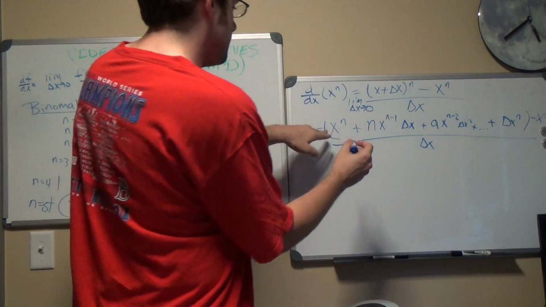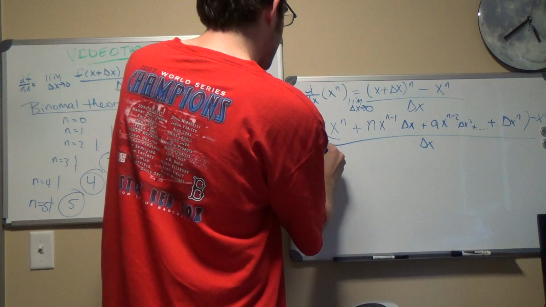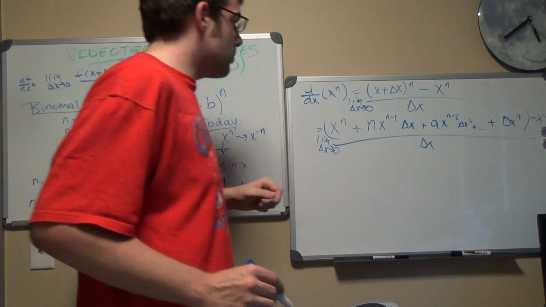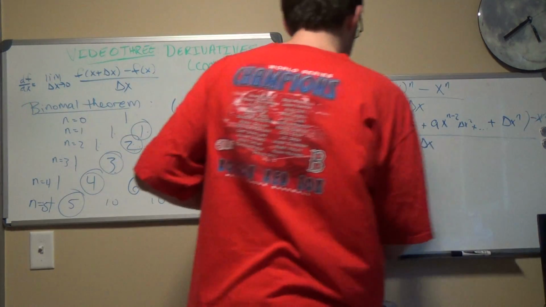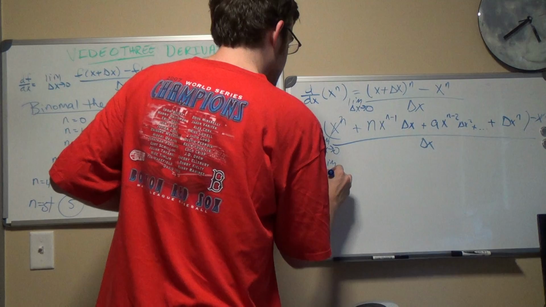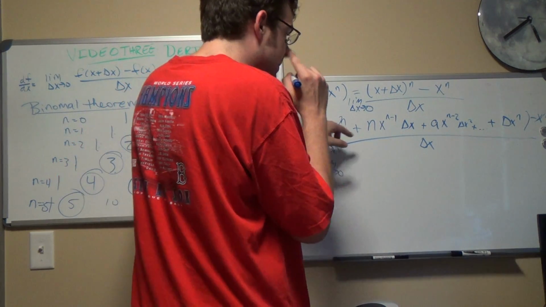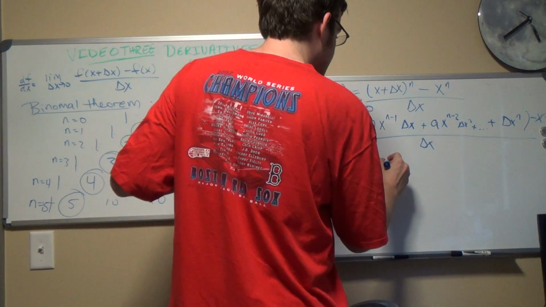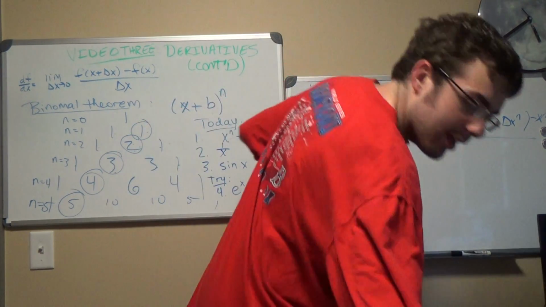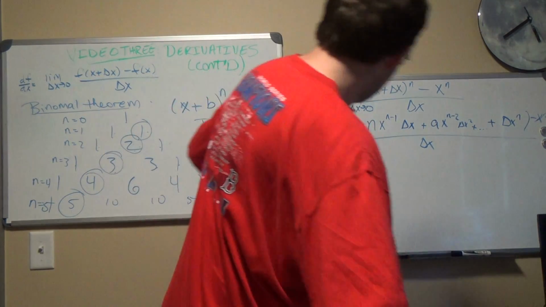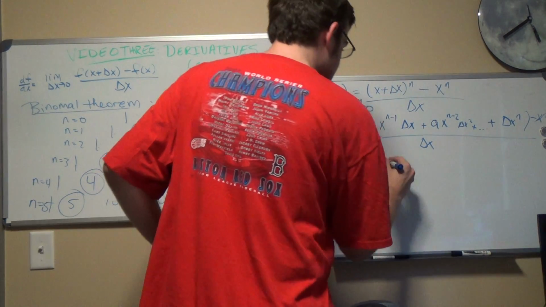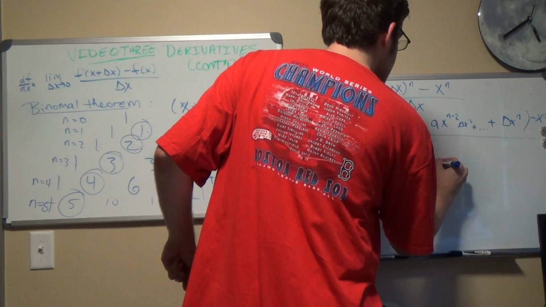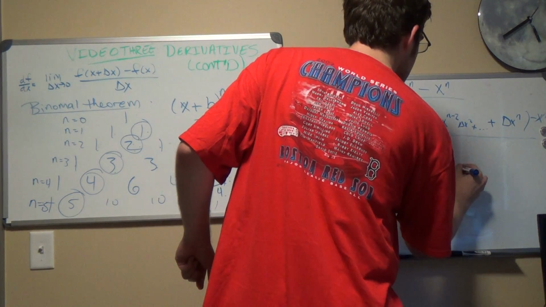So here we have the limit as delta x approaches 0. Okay, so we have x to the n, we can get rid of these. So we have limit as delta x approaches 0 of n times x to the n minus 1 delta x plus a x to the n minus 2 delta x squared.